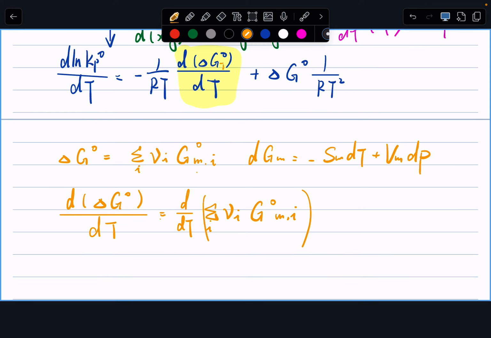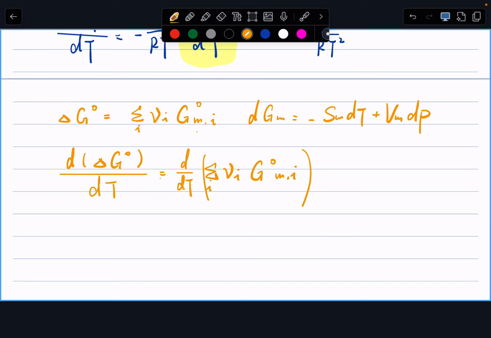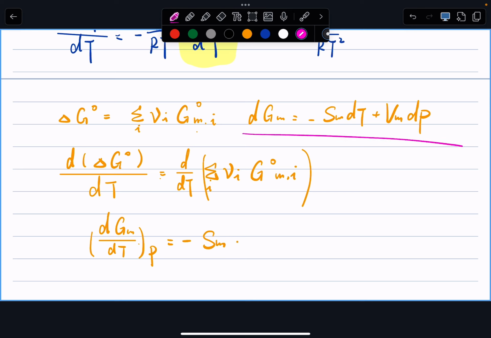And since we're talking about the standard molar Gibbs free energy, it's standard state, so we know that pressure is 1 bar. We can use this relationship of dGm over dT at constant pressure equals negative Sm. It also comes from here: when pressure is constant, your dGm just equals negative Sm dT. So what does it mean?